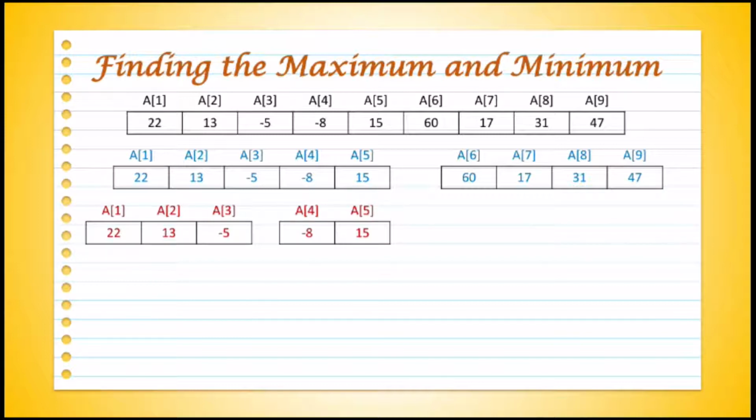Similarly, we will apply the rule for the second array. Here 7 will be the middle value. So the 6th and 7th elements will be our first array, and 8th and 9th will be our second array. Now if you see, in the first array there are 3 elements, but we require only 1 or 2 elements in the array.